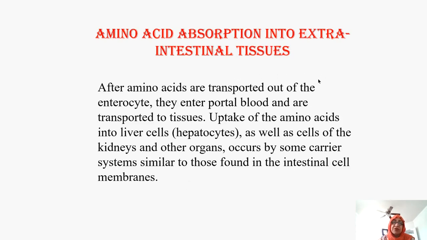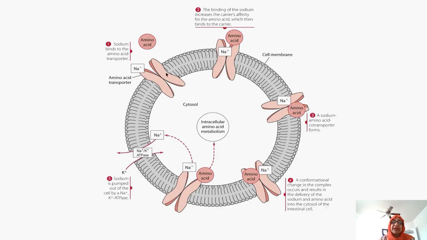So after we get them to the blood, now we need to know how those amino acids can enter the cell. We have different mechanisms, but this is one of them. Many mechanisms by which we can get the amino acids inside the cell. This is the major form, and as you can see here, it's called sodium, sodium has to bind to the transporter.